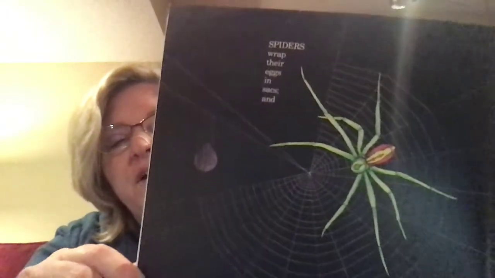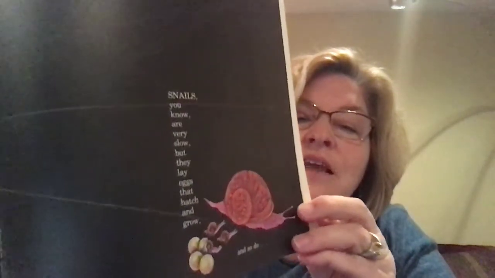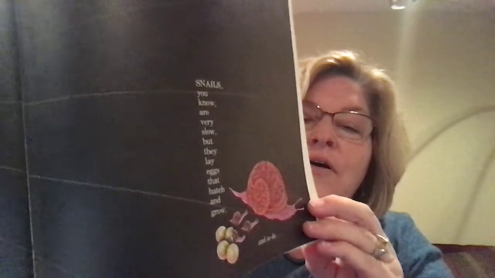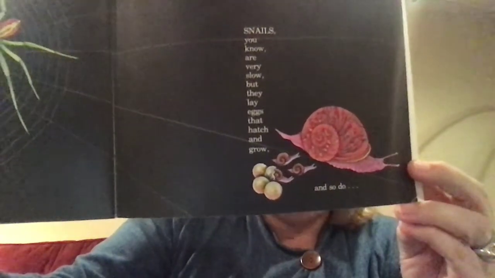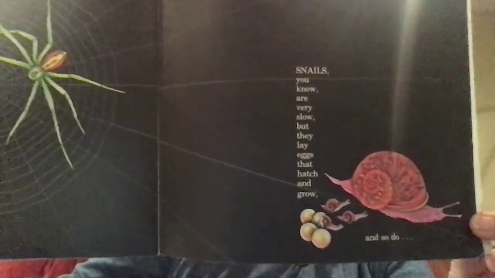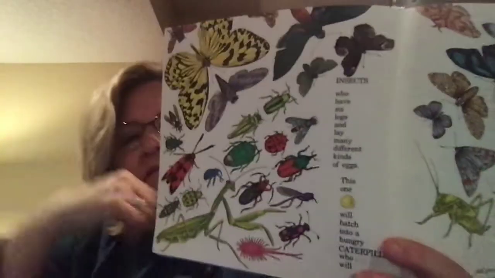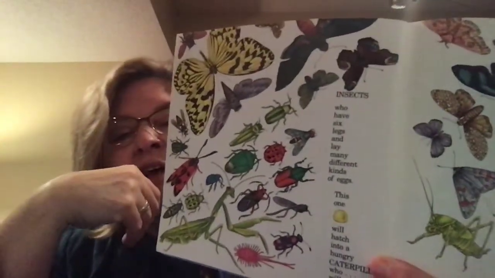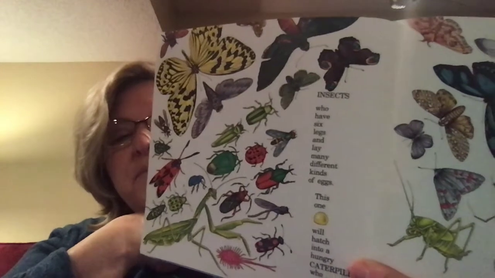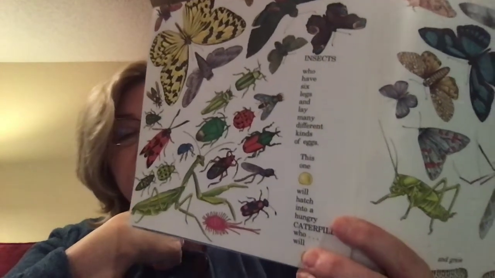Spiders wrap their eggs in sacks. And snails, you know, are very slow, but they lay eggs that hatch and grow. And so do insects. Look at all those insects who have 6 legs and lay many different kinds of eggs.